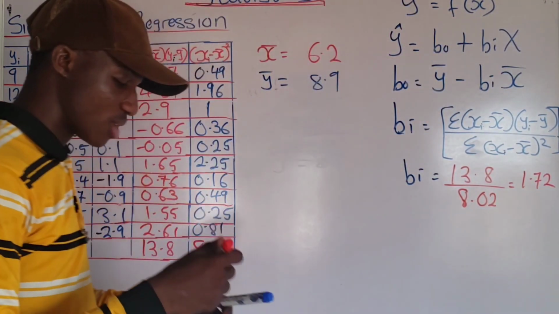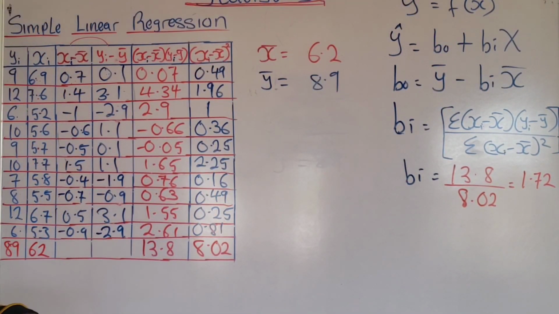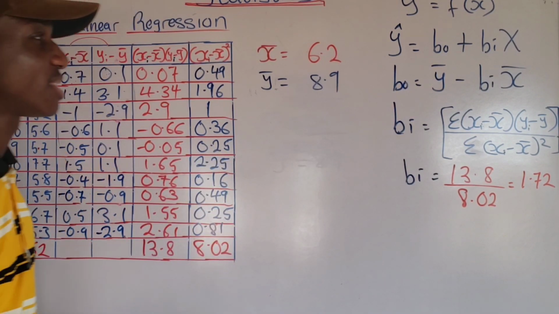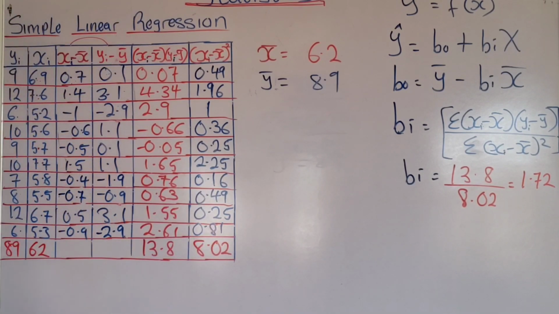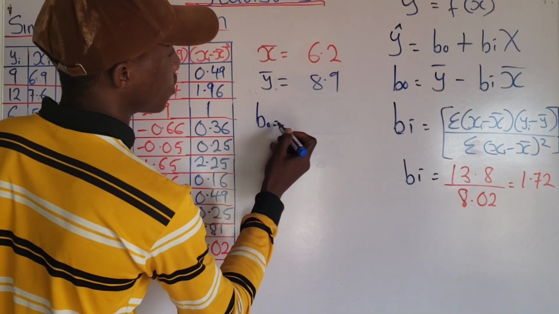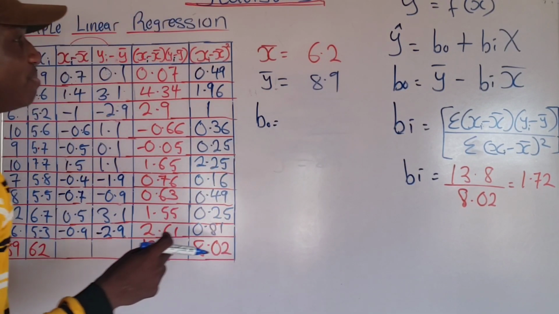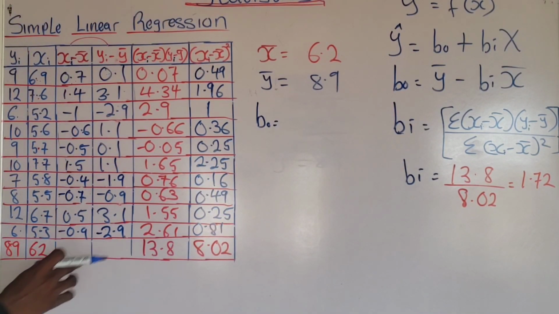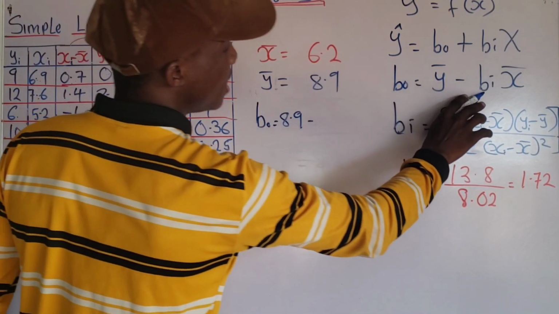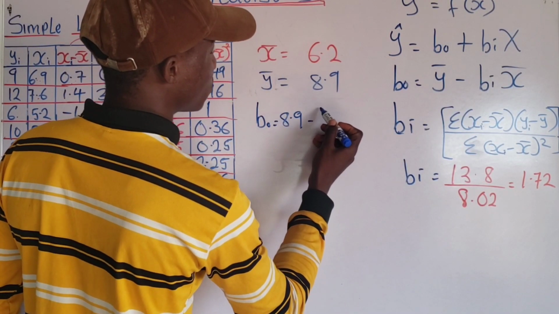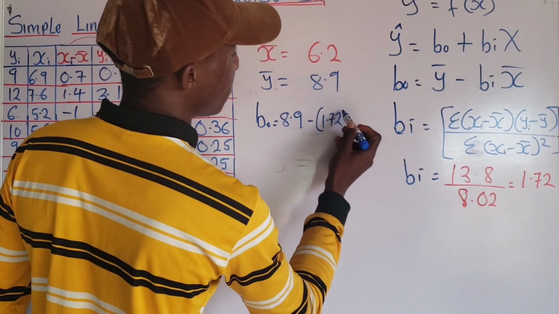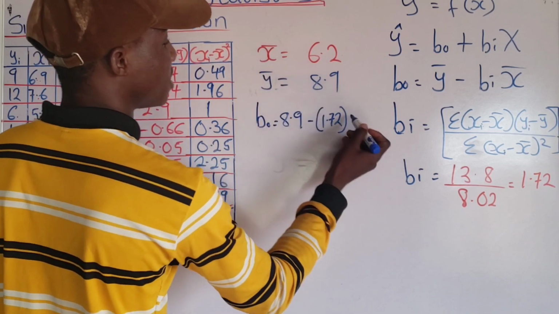Now, having gotten the gradient, we can easily get the value of the intercept. I represented the intercept as b naught. So the intercept is equal to the mean value of y, which is 8.9, minus the gradient, 1.72, multiplied by the mean value of x, which is 6.2.